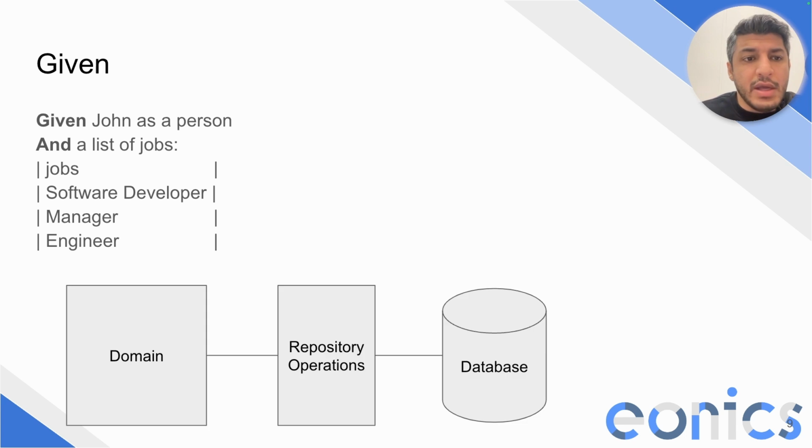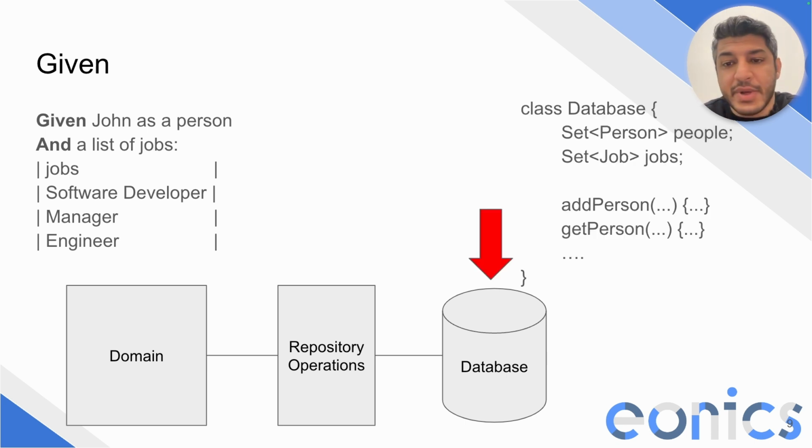So what happens exactly in the given part? As you can see here, we have a scenario where we give John as a person and a list of jobs. What happens is that we are populating the database here. And the database could be a normal class, an in-memory database that we use just for the purpose of testing.